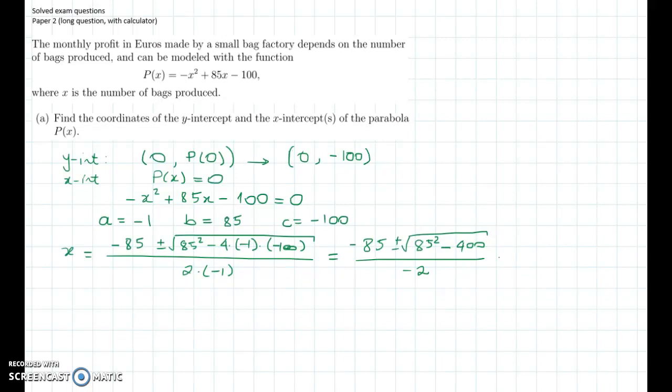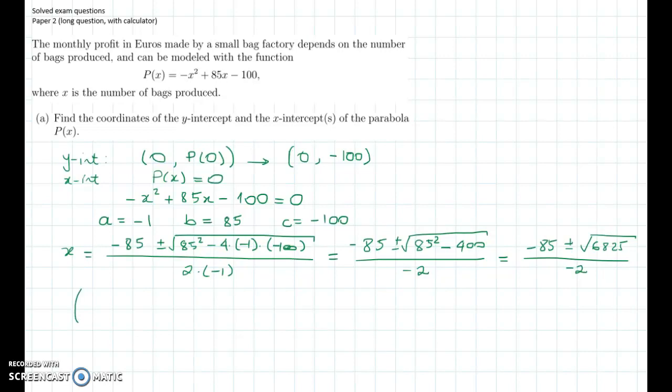Using the calculator, this is negative 85 plus minus the square root of 6,825, divided by negative 2.